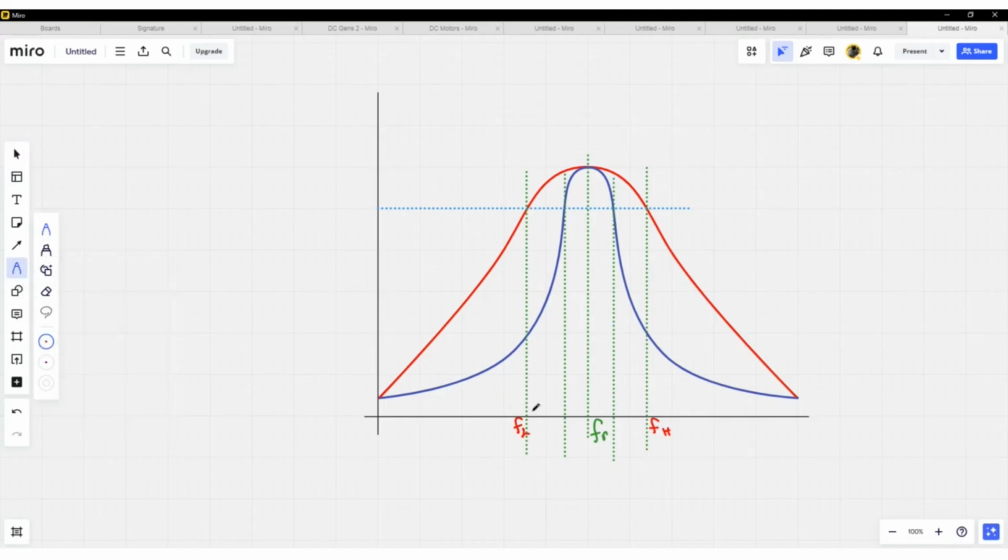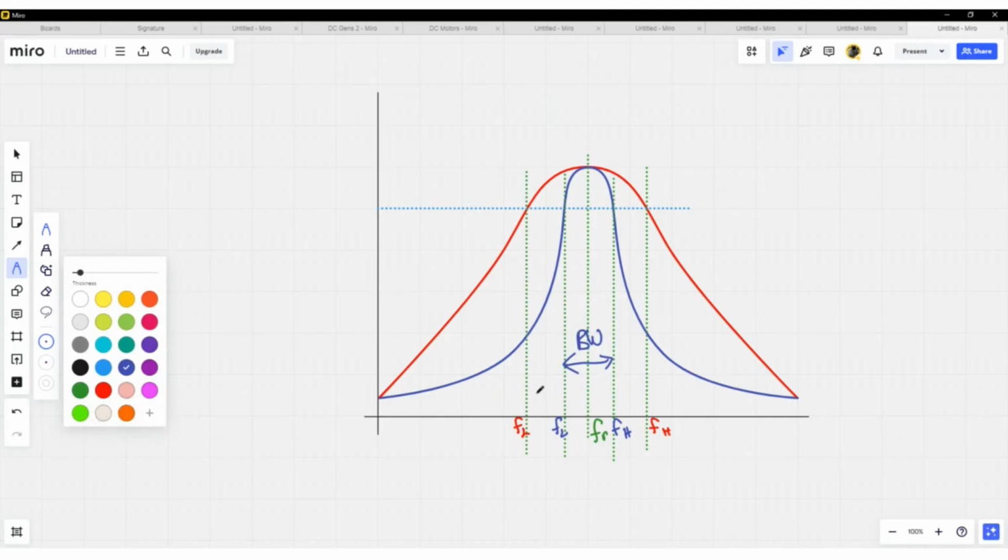Okay, so this is going to sound very counterintuitive for some of you. You guys will see that blue has a small bandwidth and red is a very wide bandwidth.